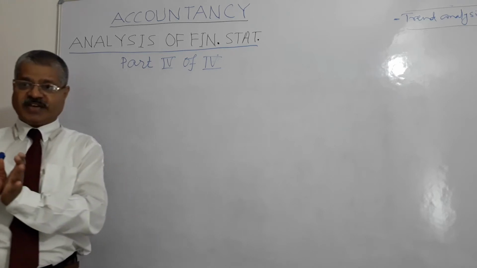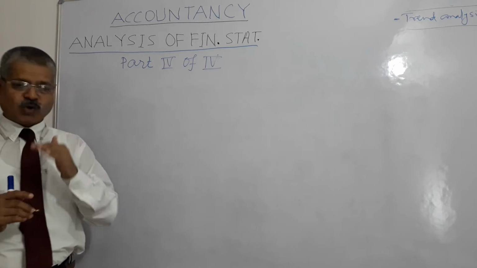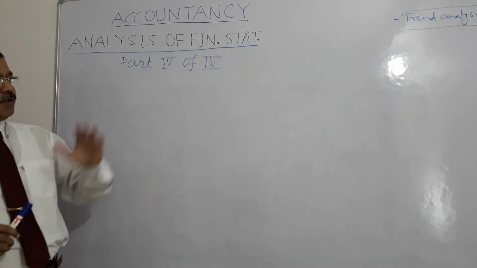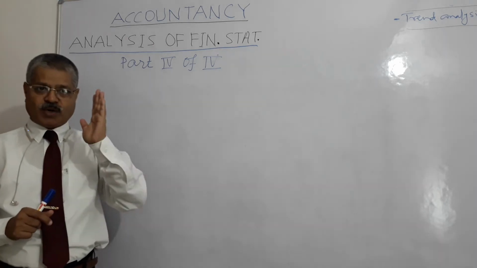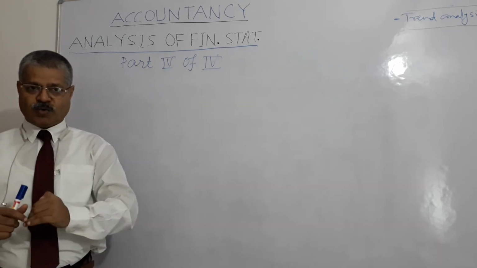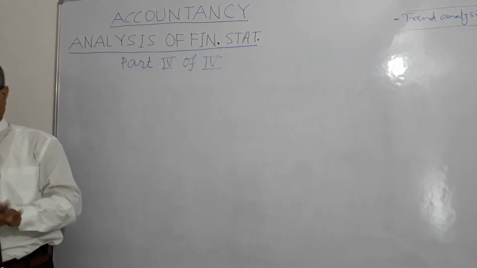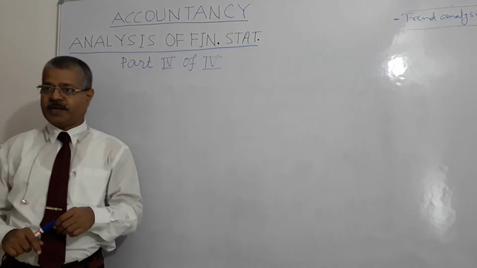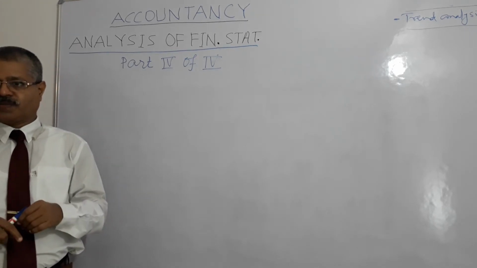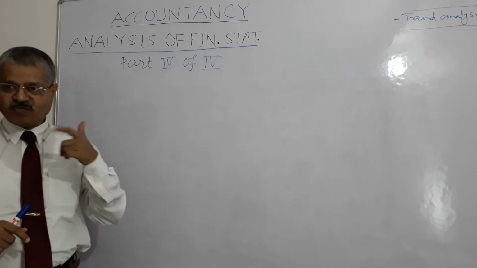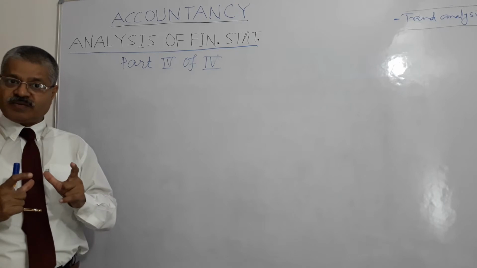Trend determines direction: upwards, downwards or constant. When we do the trend analysis, we come to know whether the trend is upward going, downward going, or constant, that is, it remains the same as it was, right? And it involves computation of percentage of change.